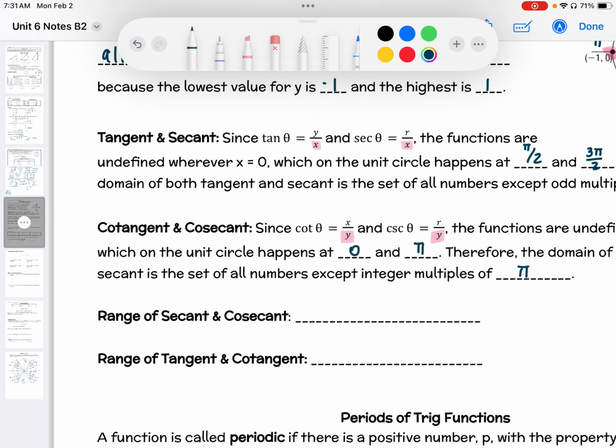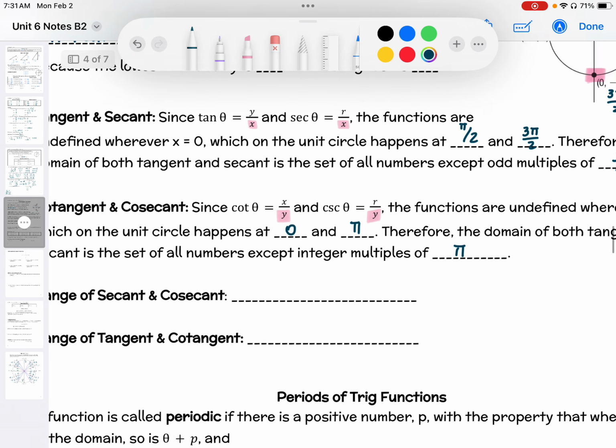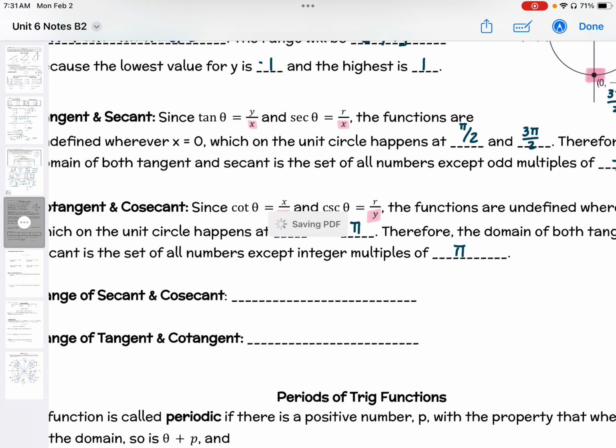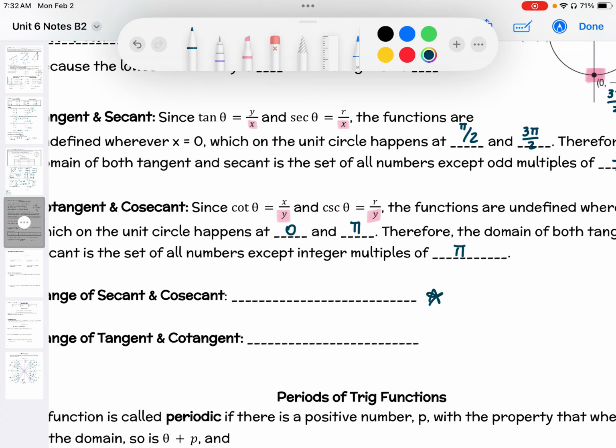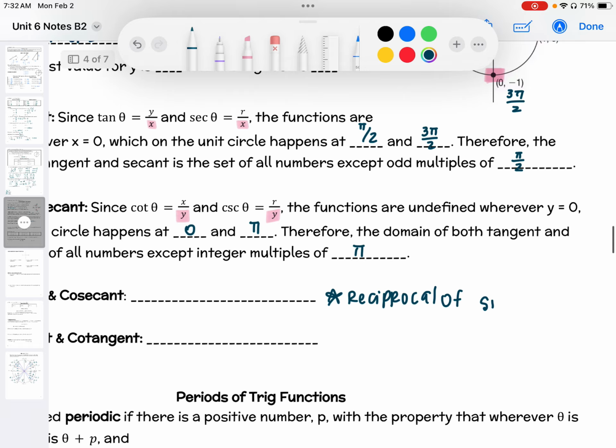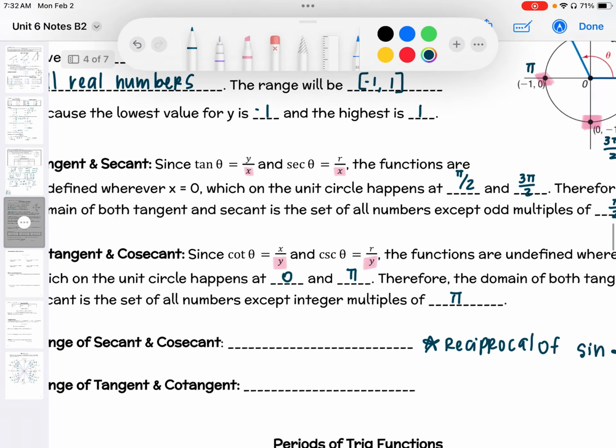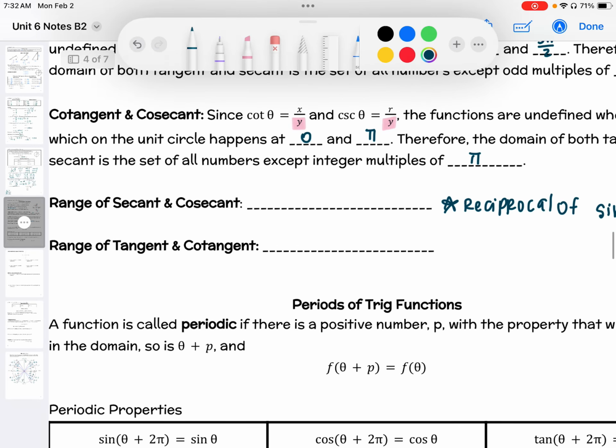So the range of secant and cosecant, those are the reciprocal. I'm just going to add a little note that those are the reciprocal of sine and cosine. So if we're thinking about the reciprocal of the range that we had for sine and cosine, we're going to have negative infinity to -1 with a square bracket, union 1 to infinity.